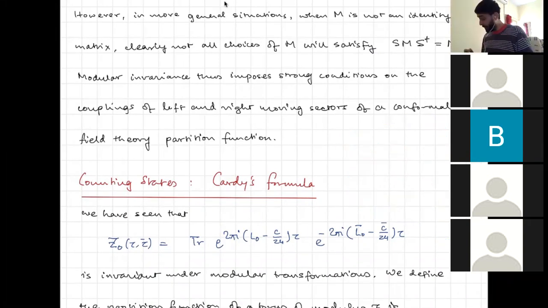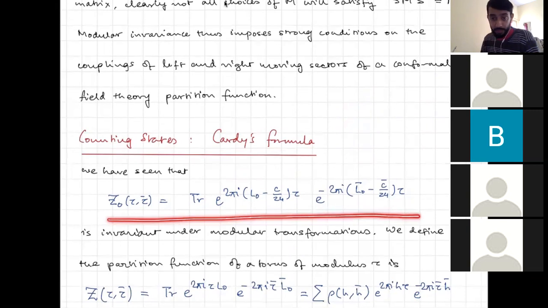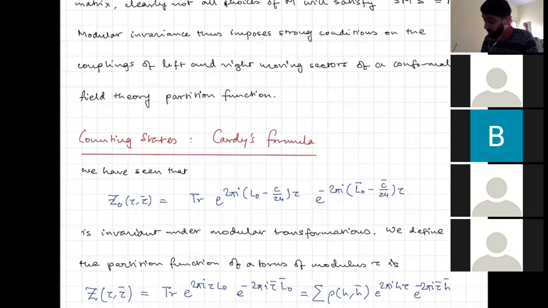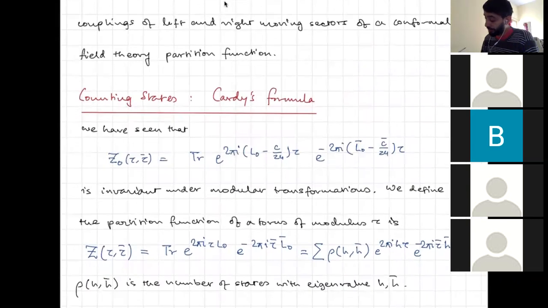Let me for the moment then try to give you an idea of how you can come to this particular formula. Now we have seen that Z naught, this particular quantity, is going to be invariant under modular transformations. Now we're going to define the partition function of a torus with modulus tau slightly differently.